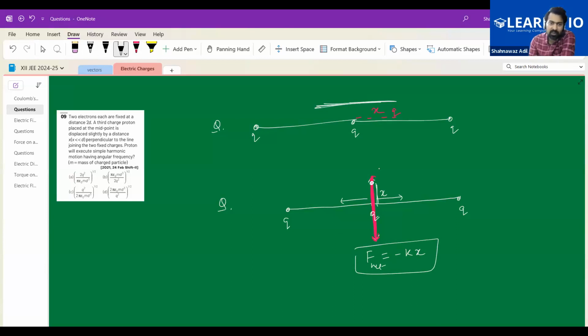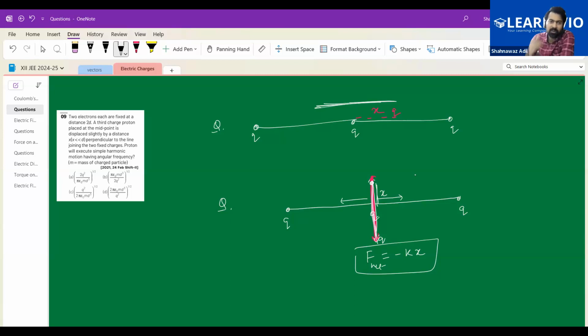We want to prove that this charge will follow simple harmonic motion. So this charge will go in this direction, and then it will move to and fro.